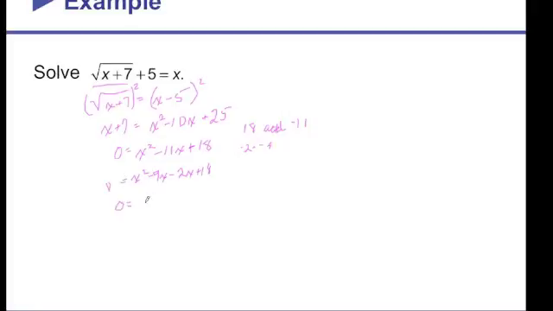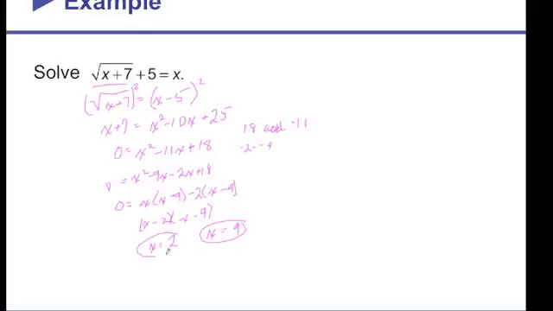I can factor an x out and get x minus 9. Knowing I want a positive x minus 9, I'm going to factor a negative 2 out, and that will give me x minus 9. So x minus 2, the front terms, times x minus 9. x equals 2 and x equals 9 are my two solutions.